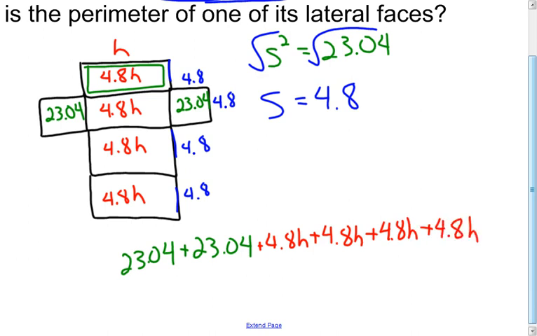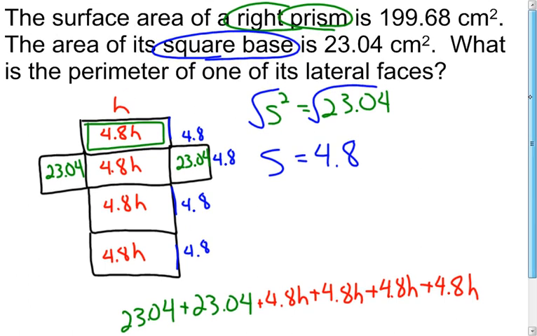So there's my surface area. But I do know that surface area is equal to 199.68, based on what the problem told me to start. So I'm going to set this entire equation equal to 199.68, and now I have an equation to solve.